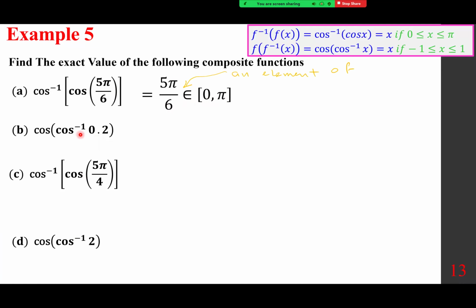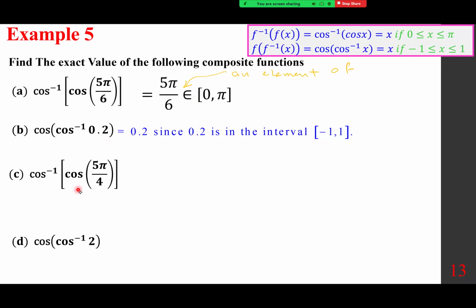So you look at cosine inverse. For cosine inverse, x is between -1 and 1. Is this number in between? Yes, the answer is 0.2. So instead of writing this over here, I wrote this notation. I want you to see that these two are the same.